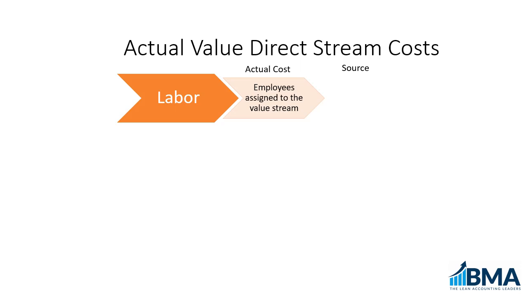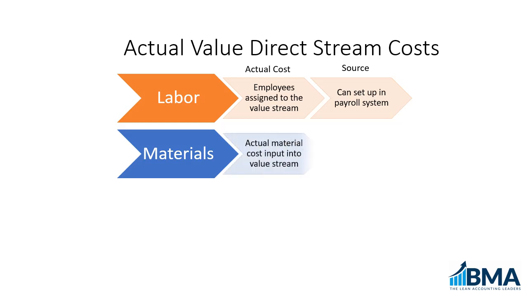In traditional manufacturing, indirect labor is overhead. Well, you have people assigned to value streams or value stream teams. Those are the people. Their salaries and wages and benefits make up the labor cost. Where can you get this information and extract it simply? Out of the payroll system.